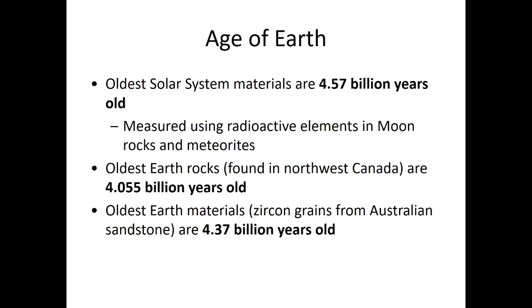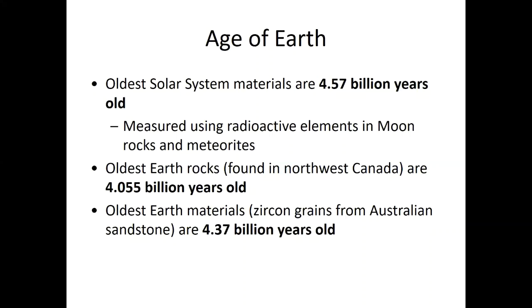So these are giving us limits that the Earth had to exist by 4.37 billion years ago for those mineral crystals to form on Earth. And it couldn't have existed before 4.57 billion years ago. So it gives us this 0.2, or 200 million year, range in which the Earth could have formed.